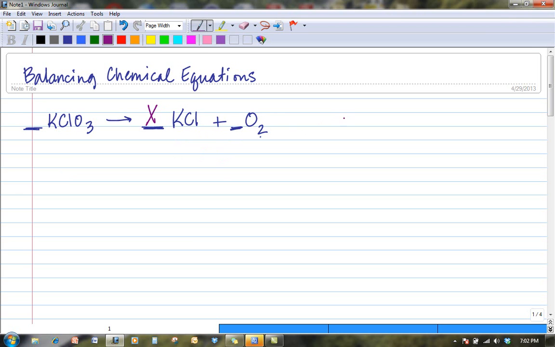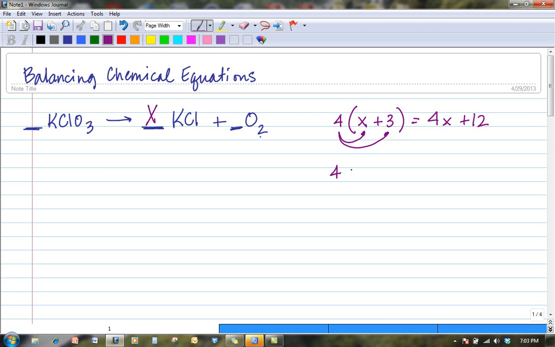And what happens is something that is just like the distributive property in algebra. For instance, if you have 4 times x plus 3, the 4 is going to multiply times x and also times 3 to give you 4x plus 12.